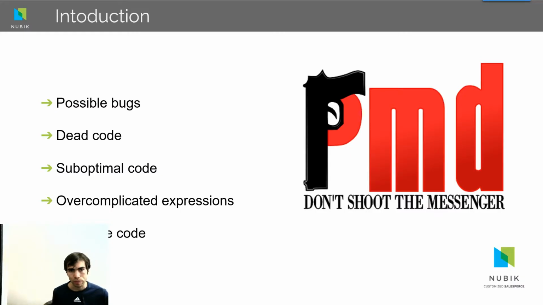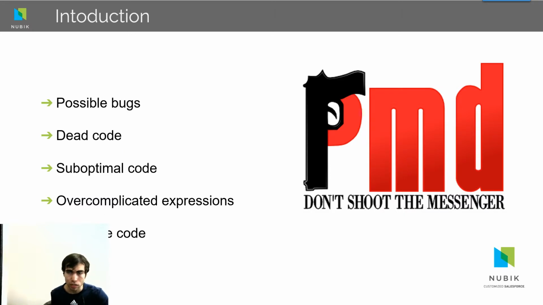PMD is a code analyzer, so you can use it to verify if your code follows good standards and good practices. By running it, you can do things like bug detection.